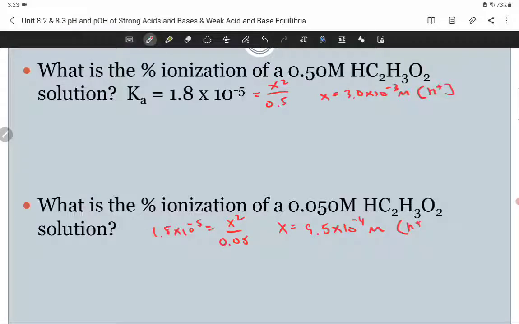Okay, so neither of these two questions had we actually answered the question yet. It says, what's the percent ionization? So that is our part divided by our total times 100.